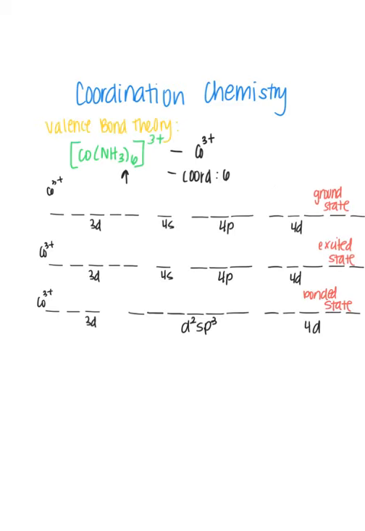For starters, we know that the cobalt 3 ion is going to have 6 electrons, and because we said this is going to be a strong ligand, we're going to have pairing energy.